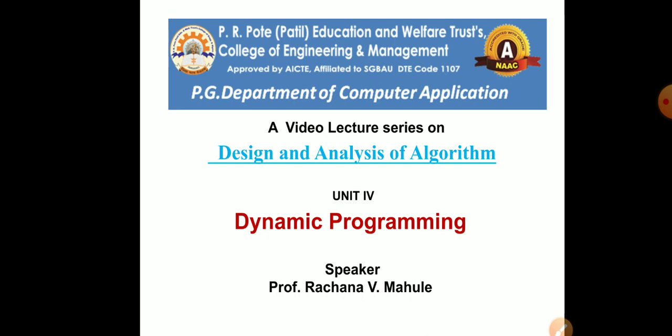Just like greedy methods, dynamic programming algorithms are again used to find the optimal solution, so they also work for optimization. We find multiple solutions, and from those multiple solutions we find the optimum solution for our problem.